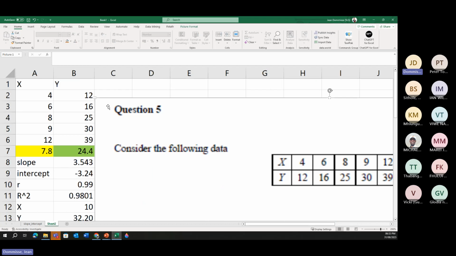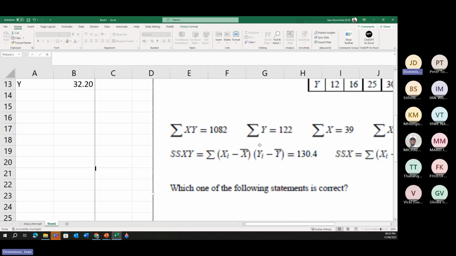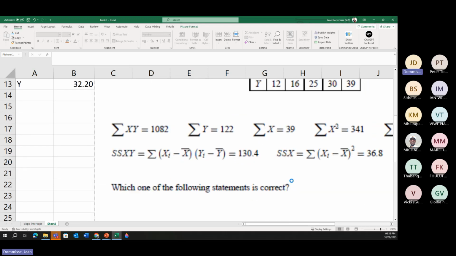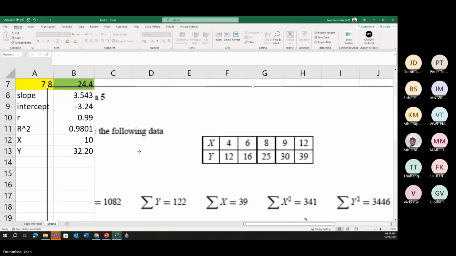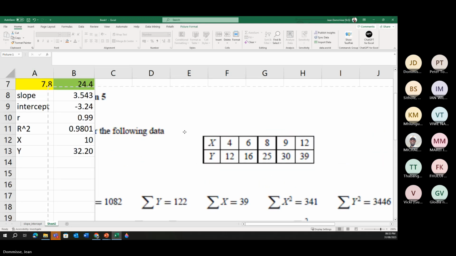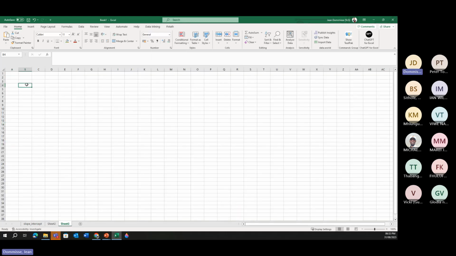Let me just crop this a bit. That didn't crop it, it just made it smaller. I'm just going to add it on a new one.